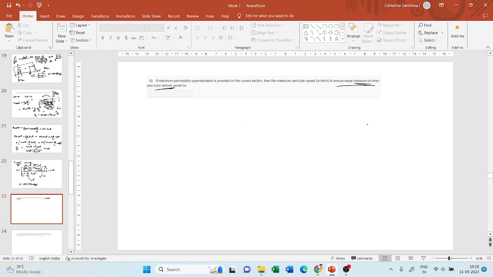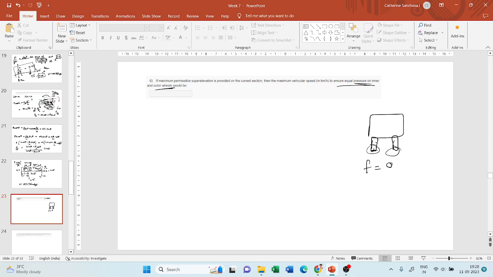So this is my vehicle and this has inner and outer wheels. For both of them to have equal pressure, the frictional coefficient should be 0. If the coefficient of lateral friction is 0, then you will get equal pressure on both the inner and outer wheels.